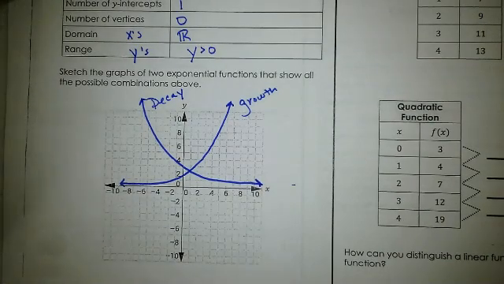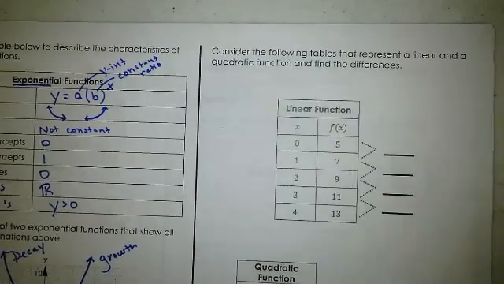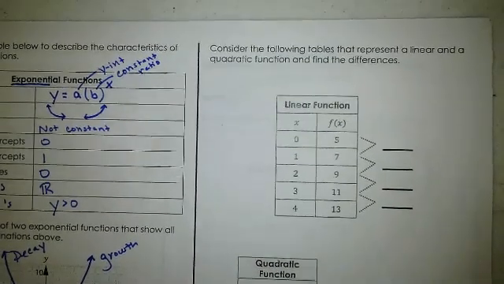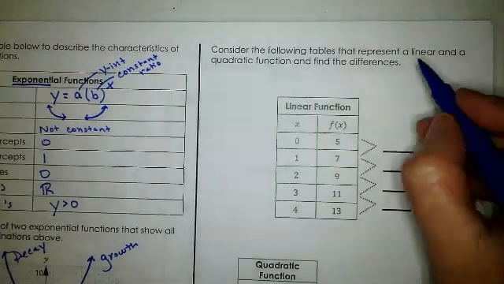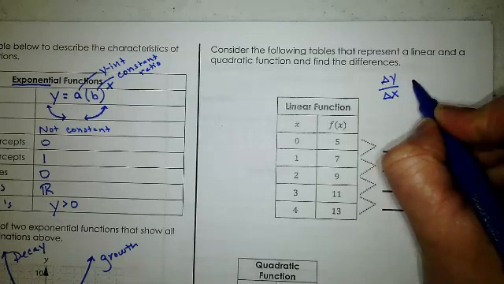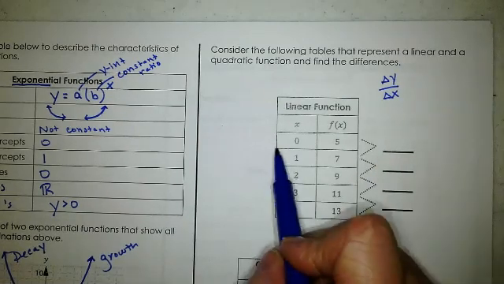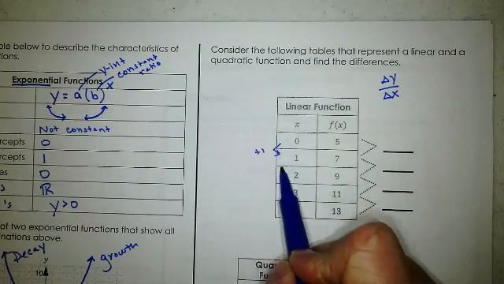Let's see what some of this would look like as a table. So here's a table for a linear function. We know that linear functions have a constant rate of change. So that means the change in y divided by the change in x is the same for the entire problem. So if we look at this, our x's are going up by 1.